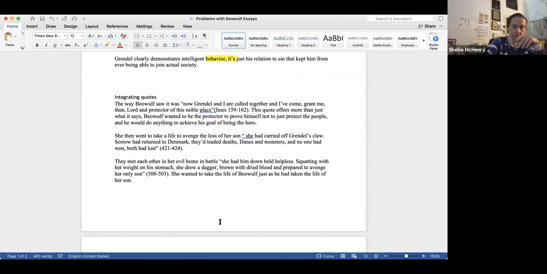All right, so quote integration was horrible, but I expected it, and that's okay. I made lots of comments about how you need to integrate your quotes better and gave people examples of how to do it. That's why I want to spend just a couple of minutes here looking at this, because I expect it to be better in the next set of papers.